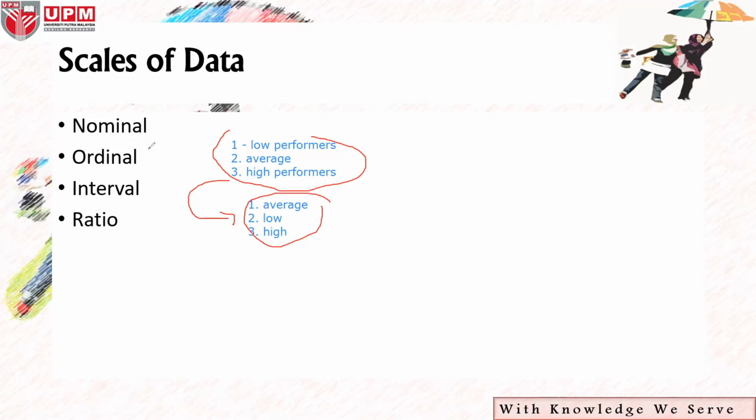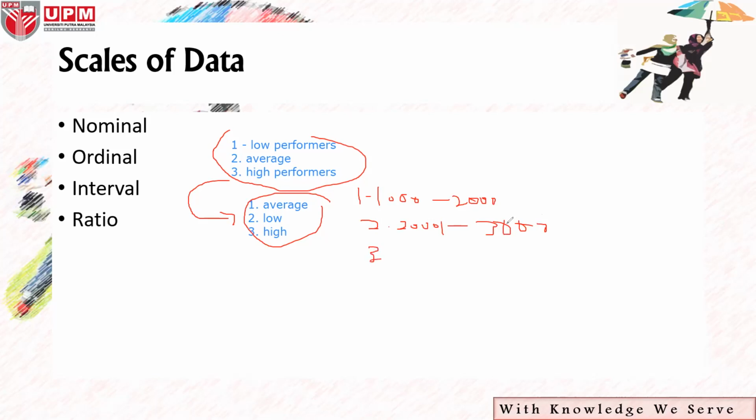Another example of ordinal is salary category. For example, 1 is between 1,000 to 2,000, 2 is 2,001 to 3,000, and 3 is 3,001 until 4,000.